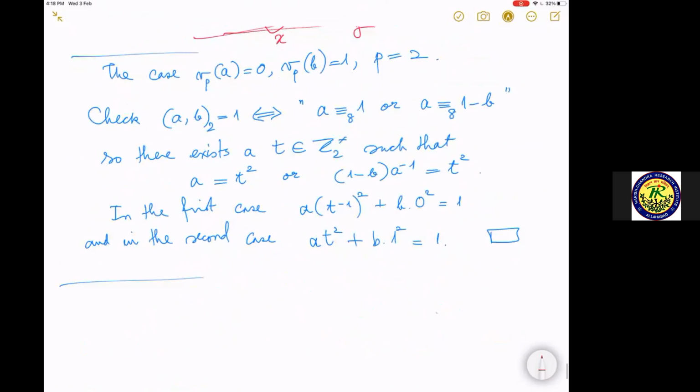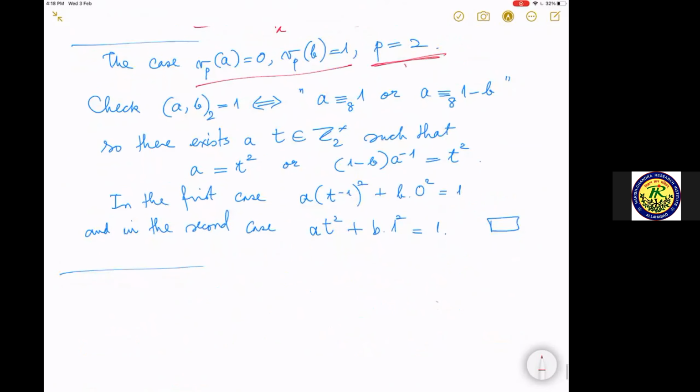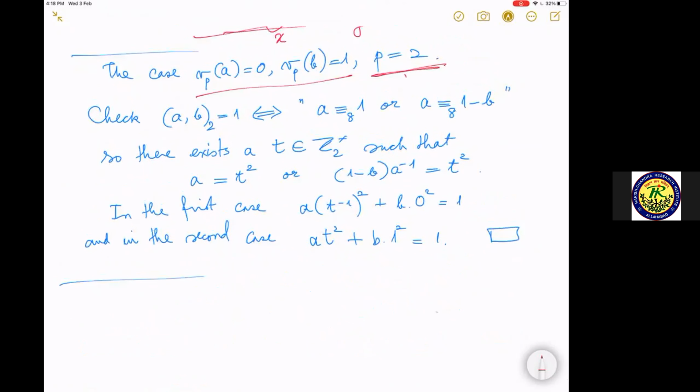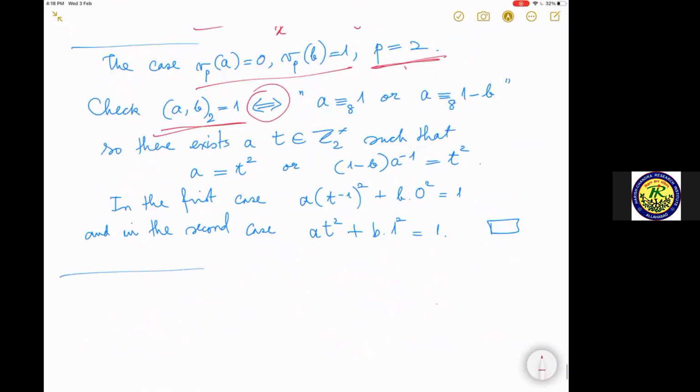Now the same case, but p is equal to 2. This is the final case. So (A,B)_2 in this case, now here is something which is sort of an exercise. It needs to be worked out. What is the exercise?